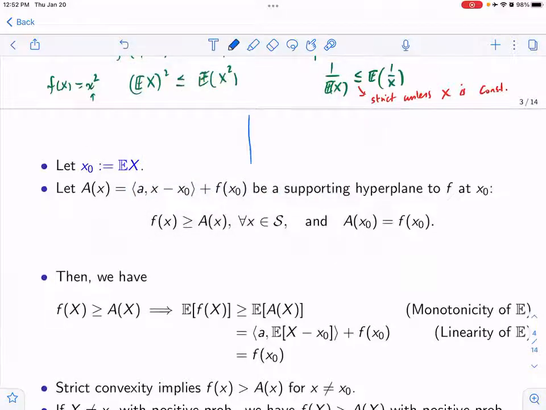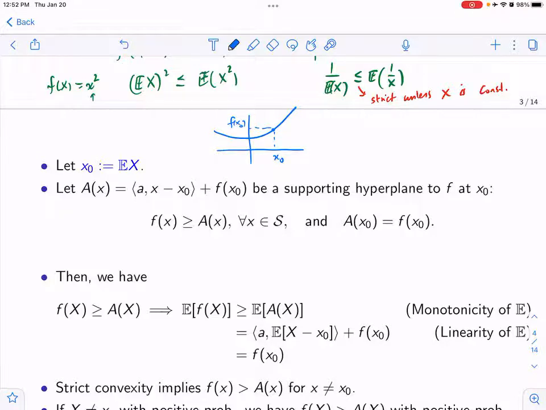If you have a convex function, you can always find, so if I pick a point, x0, and this is f of x0, I can always find a supporting hyperplane.